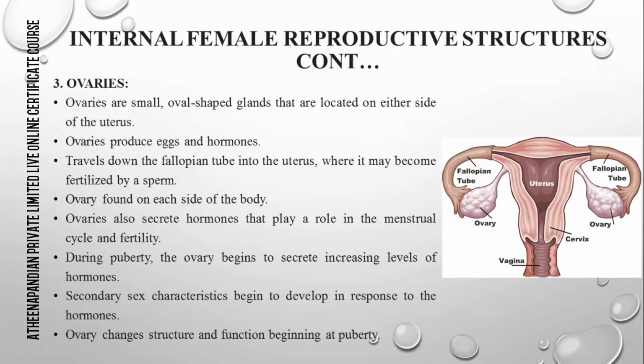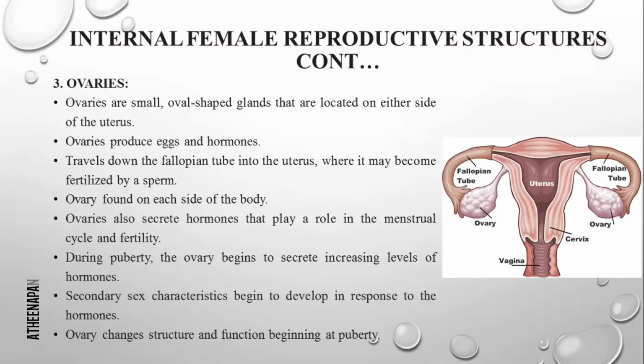Due to this ovulation, the ovary secretes two important hormones: estrogen, the female sex hormone, which gives the feminine characteristics of the female, and progesterone, which is needed during fertilization.